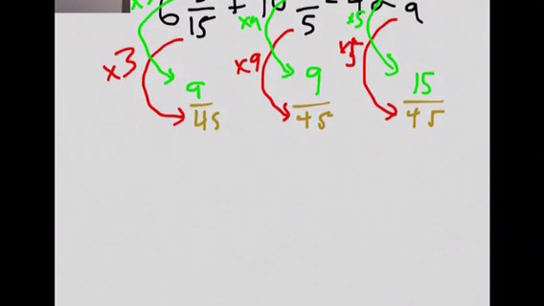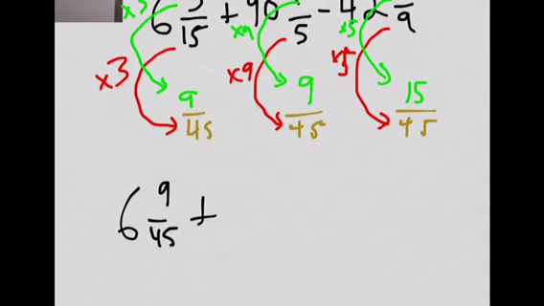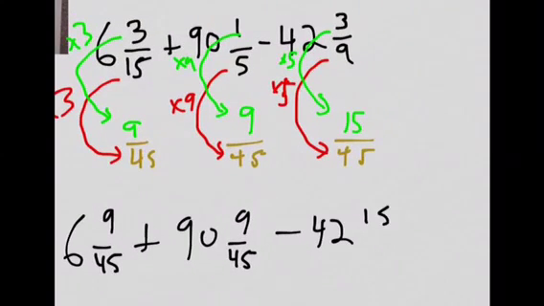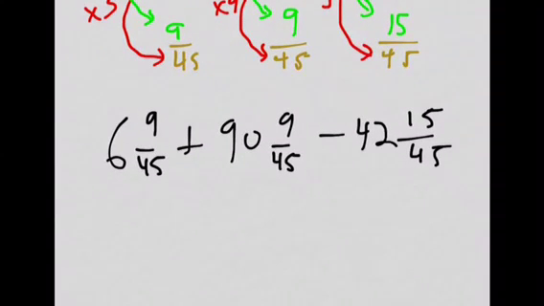So we've got these fractions. Now let's go ahead and rewrite it. So it's going to be 6 and 9/45 plus 90 and 9/45 minus 42 and 15/45. Okay, so we will add the whole numbers first. That's going to give me 15, and then we'll add the fractions together, 9/45 and 9/45.